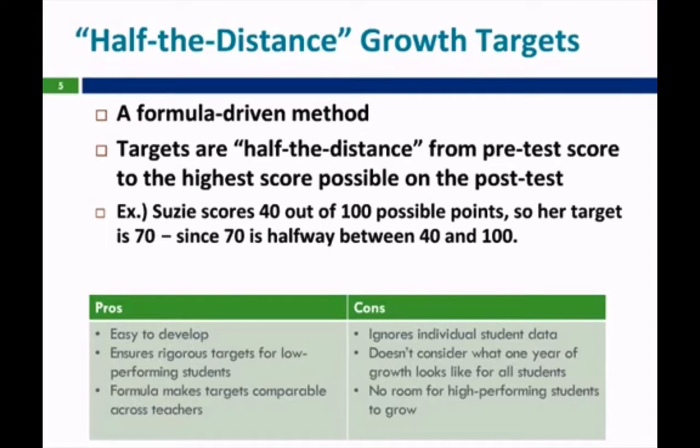There's also no room for high-performing students to grow. If I score a 95 and the highest possible score is 100, I don't have very much room at all to grow. I would be expected to hit a 97.5. So that's, depending on the assessment, that could be not much growth at all.